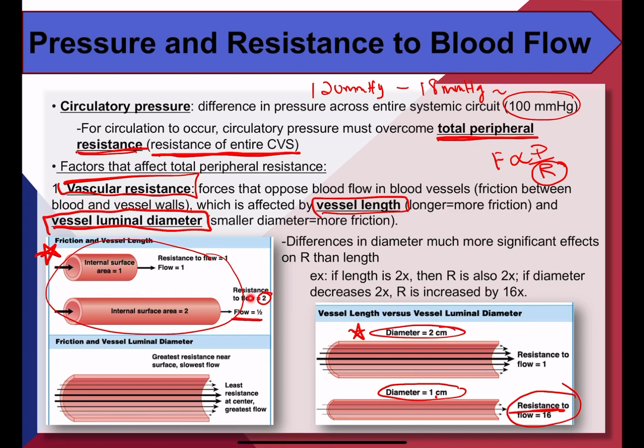It's just directly proportional. So that's why our body does this diameter change when we have to change how much blood goes through that particular area, or if we need to change our blood pressure.